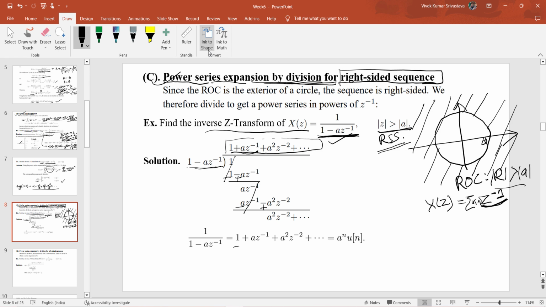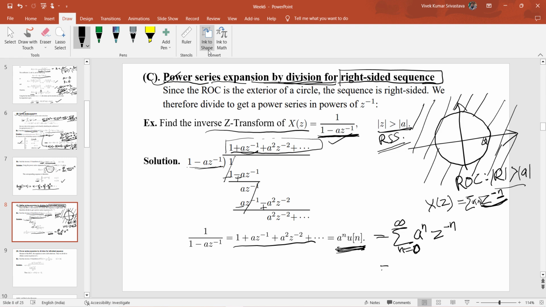So now you can see that this series is nothing but a raised to the power n u of n. Okay, like in the previous class we have seen that the z transform of this function is equal to summation n equals 0 to infinity of a raised to the power n u of n, z raised to the power minus n.